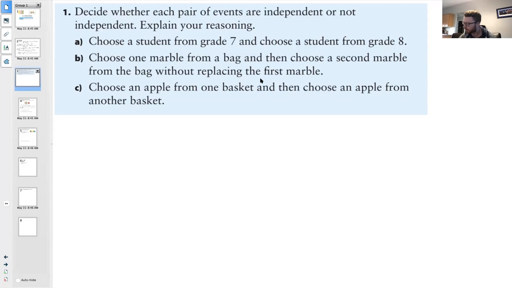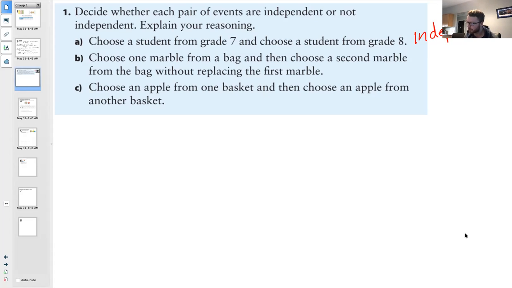So choosing a student from grade 7 and choosing a student from grade 8, these are going to be independent of one another. Okay, this will be independent of one another because they are from different grades, right?